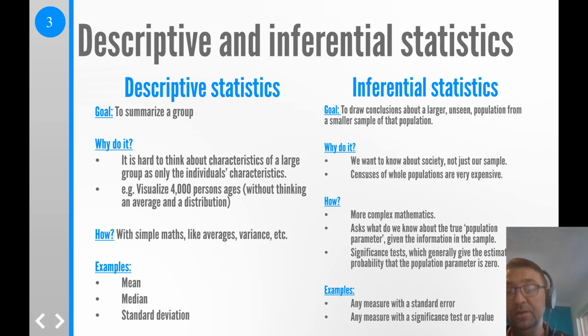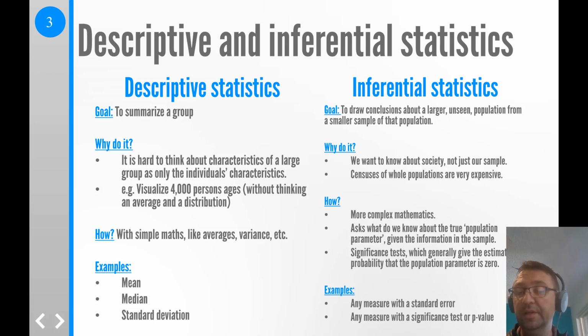How do we do it? Well, we're going to go through a bit of it today, but honestly, it's much more than what we can do in this class. There are more complicated mathematics, but the main principle it uses is the idea of asking, what do we know about the true population parameter, a population parameter being some characteristic of the population, given the information we have in this sample?